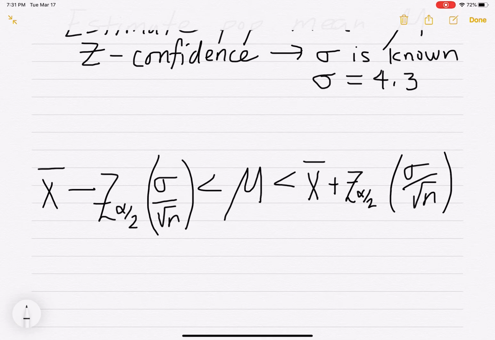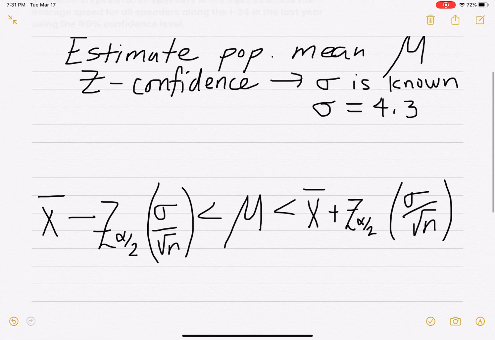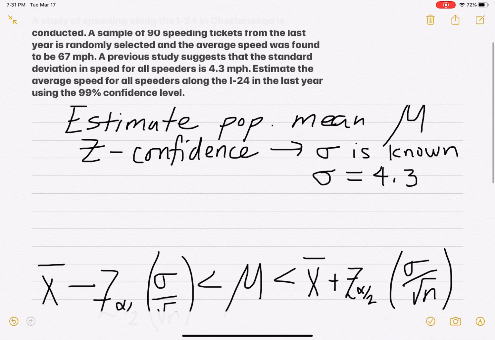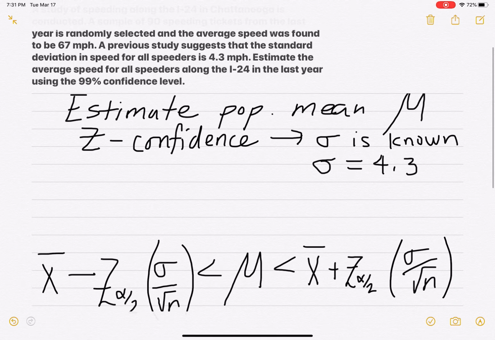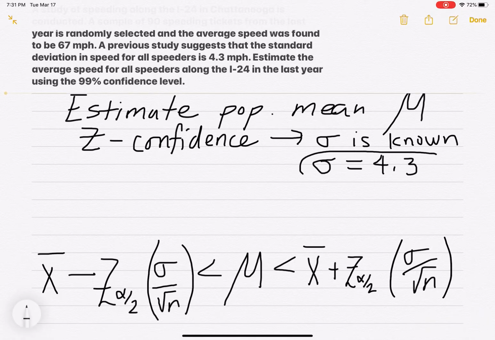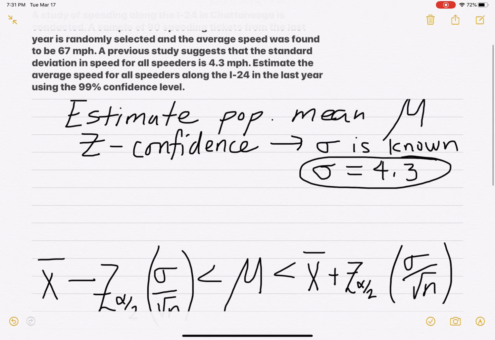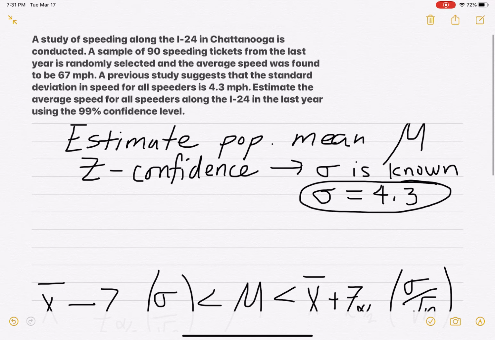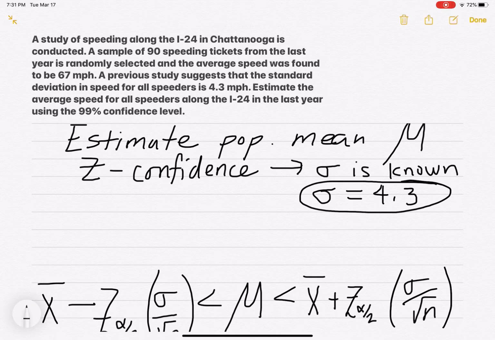So let's go back and read our problem, and let's pick out these bits of information. So we already got the sigma is 4.3. That's the population standard deviation. Reading the problem carefully, look at the sample. A sample of 90 speeding tickets. That's the size of the sample.